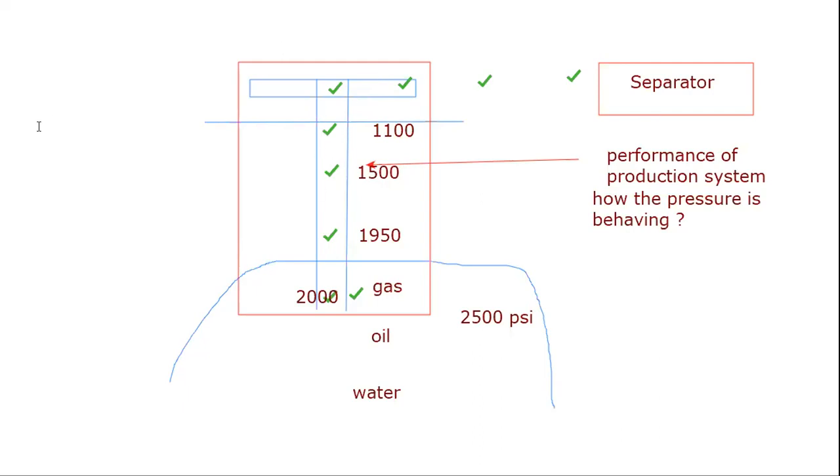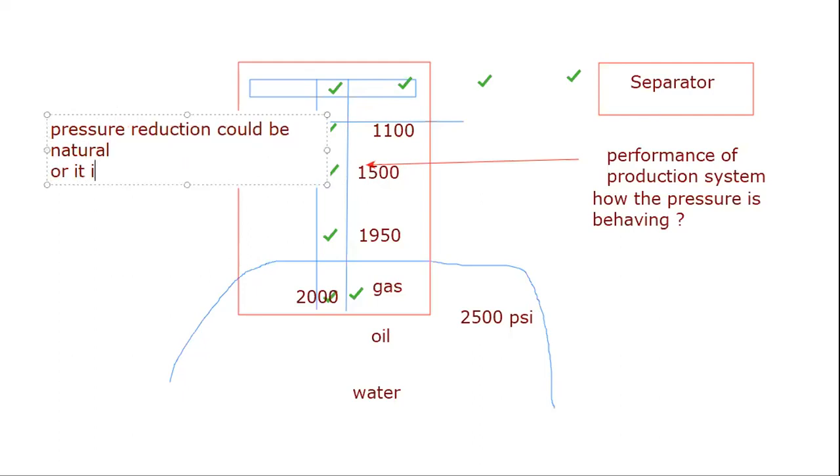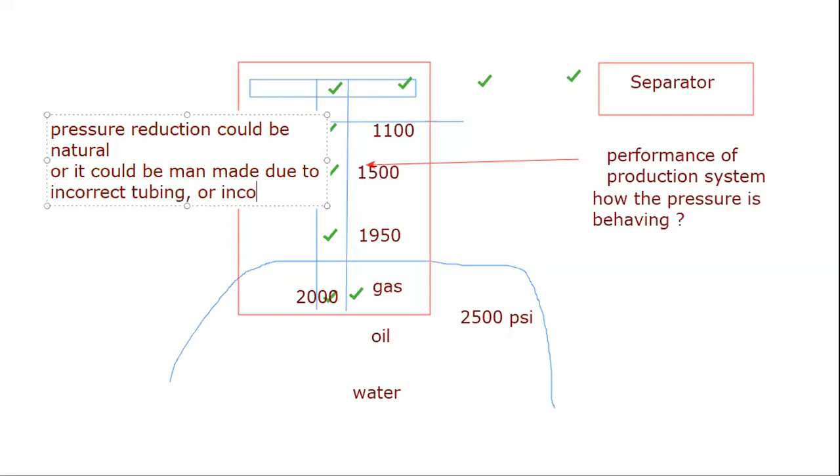As you said, a very good point you raised. The pressure differential or pressure reduction could be natural, or it could be man-made due to an incorrect tubing or incorrect production system, or you can say plumbing system.